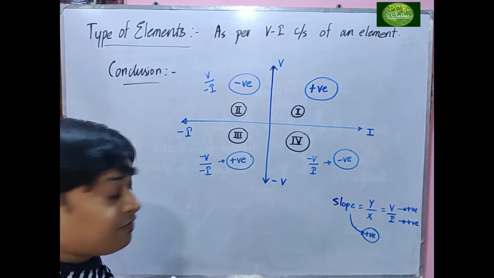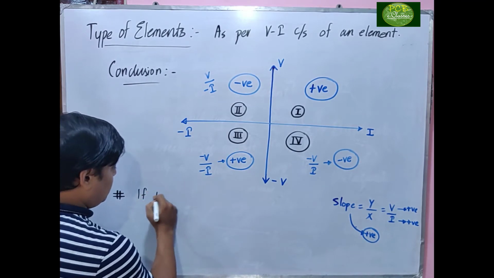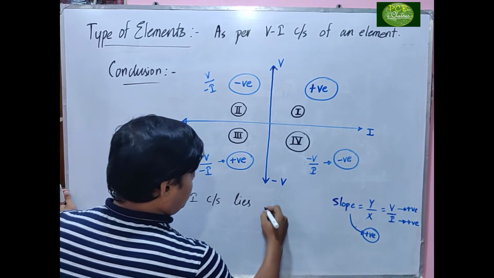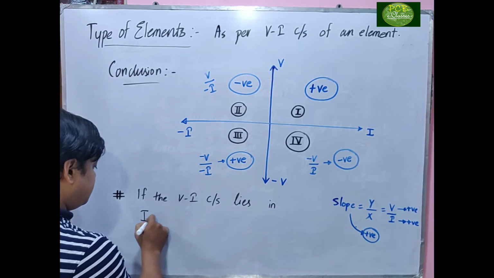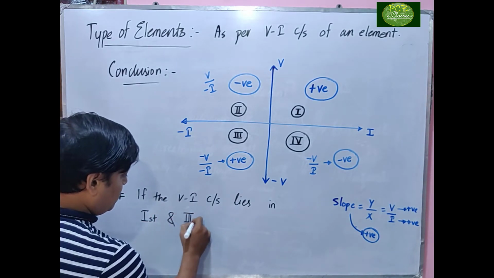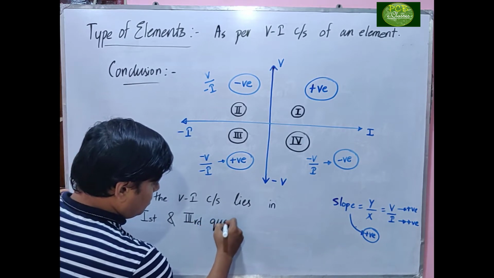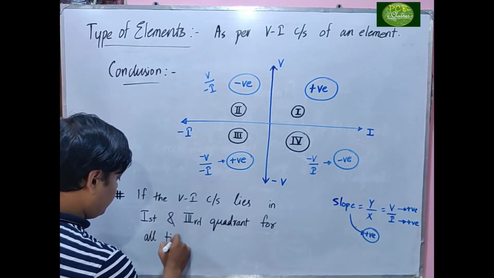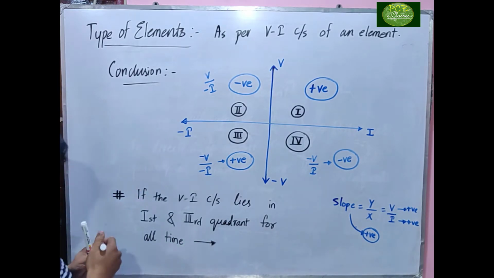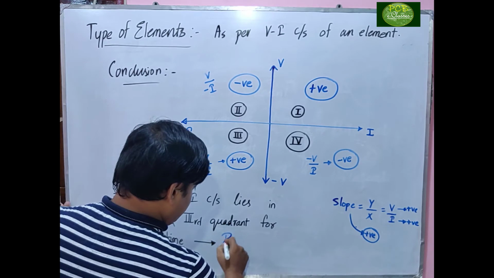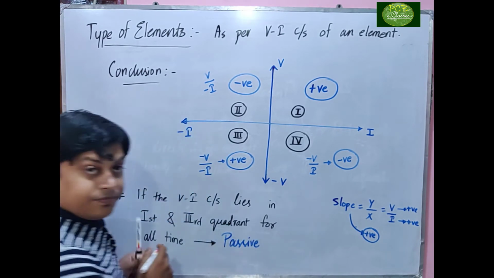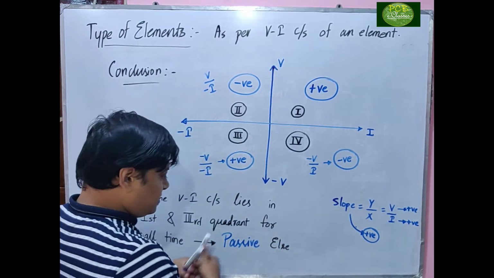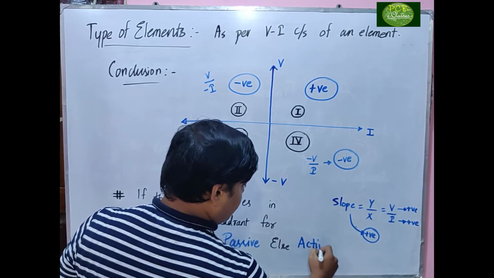If the VI characteristic lies in the first and third quadrant for all time, then the element will be said as passive element, right? Else it will be said as active element.